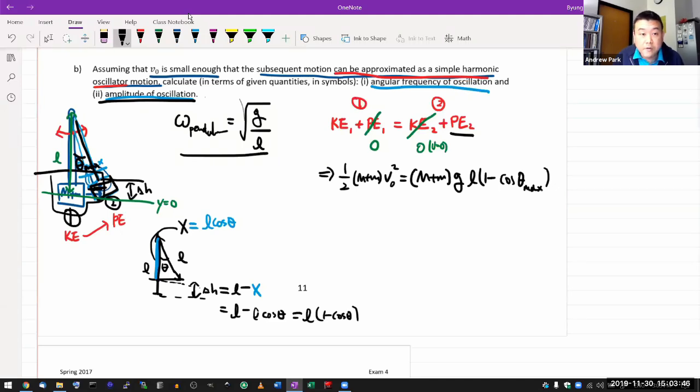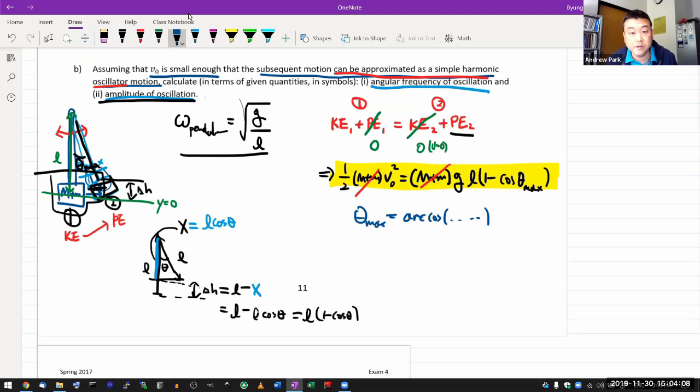The rest of this question is going through this algebra and solving it for theta max. You see some things simplify, and you might in the end write down theta max in terms of arc cosine of some quantity that you work out algebraically. That's a fine answer.